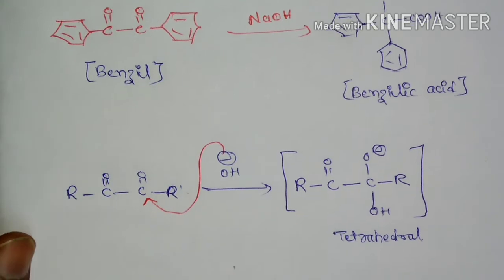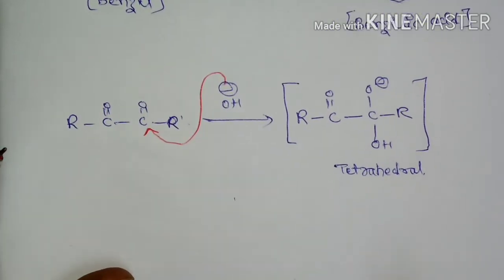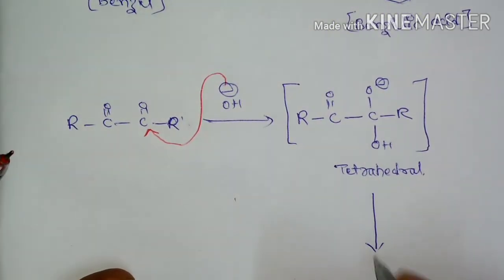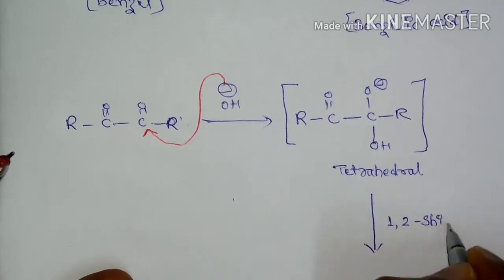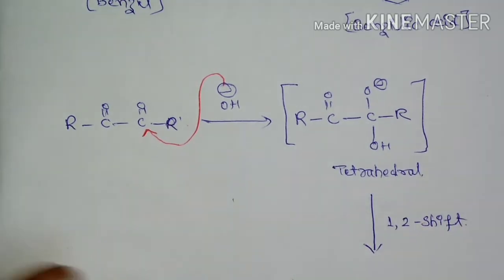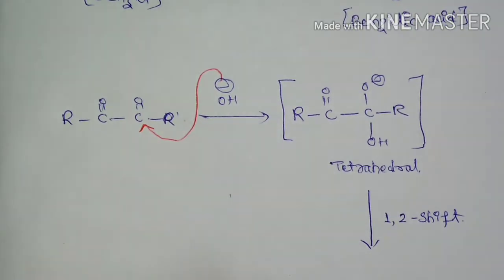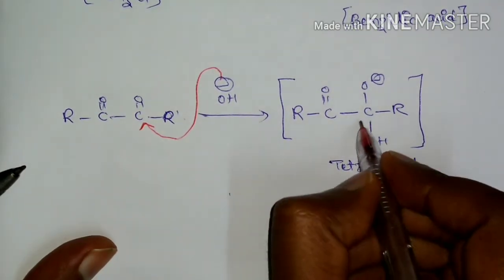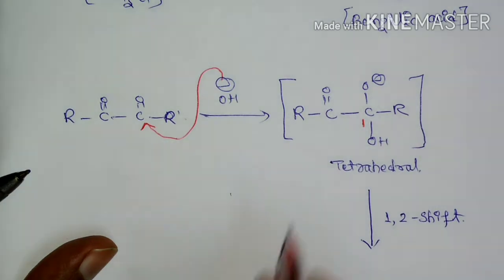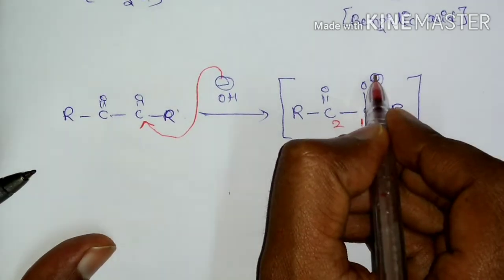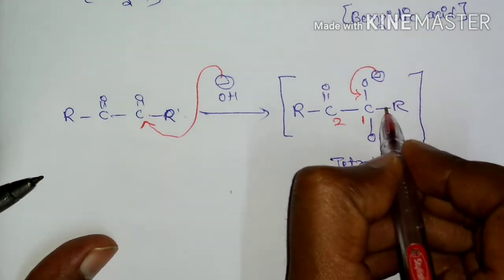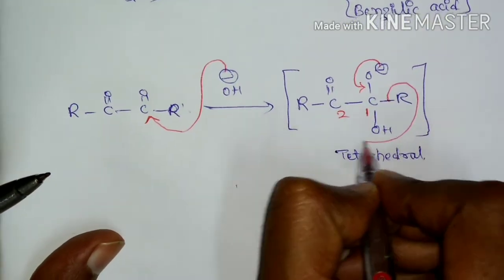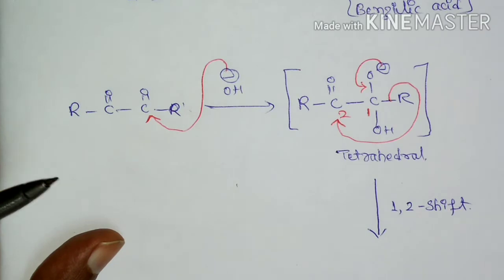This tetrahedral intermediate will collapse by undergoing a 1,2 shift. If I consider this as the first carbon atom and this as the second, this R group will shift here and attack this carbonyl group.